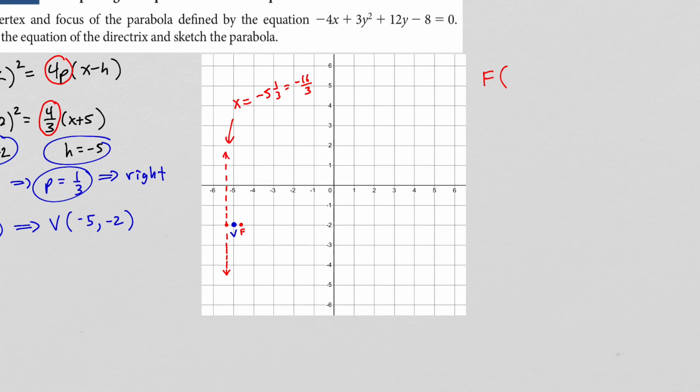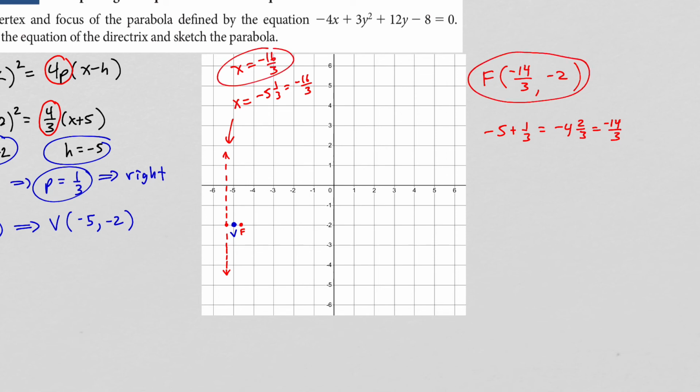So that is going to be -5 plus 1/3, which is -4 2/3, which can be rewritten as -14/3. So the x-coordinate of the focus is -14/3, and the y-coordinate is -2, because these 2 points are on the same level, right? -2. So we have the directrix, which is x equals -16/3, and we have the focus, which is that point right there.